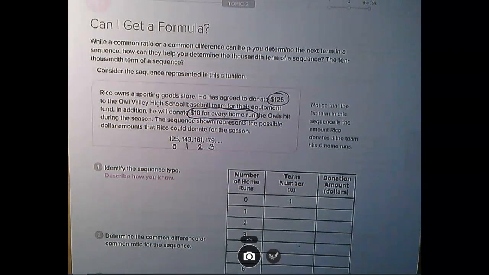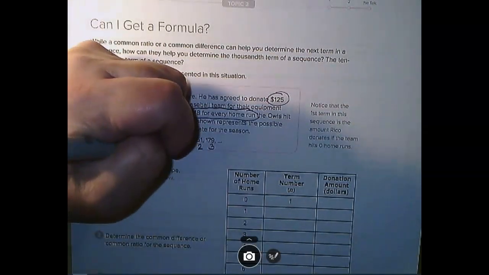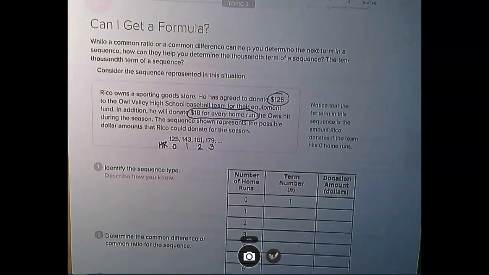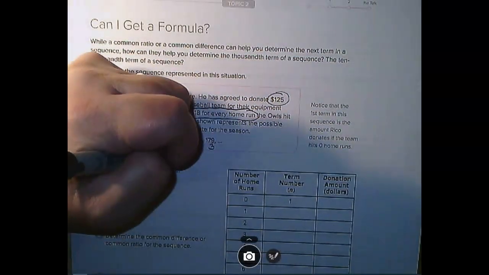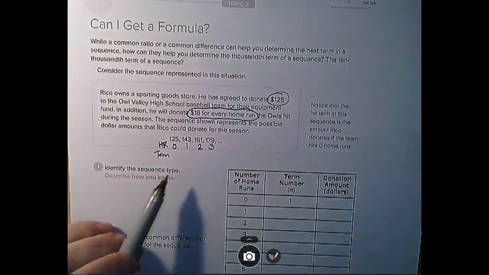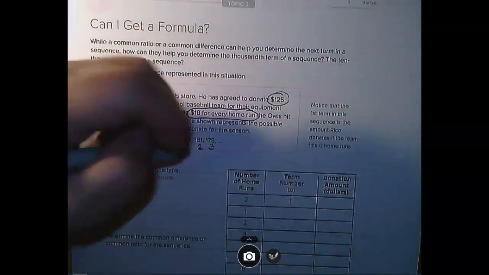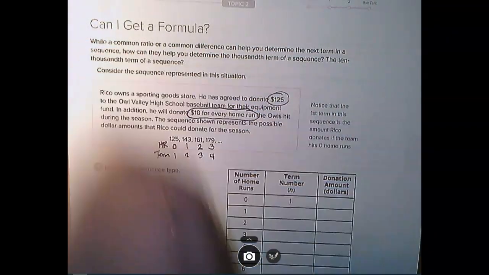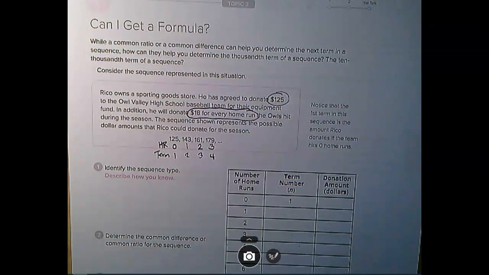So just to remember what we've studied about sequences, what we've just written right here, that's the home runs. But each one of these numbers is a term, and this is term 1, 2, 3, and 4. So that's the information you're filling out in this table.